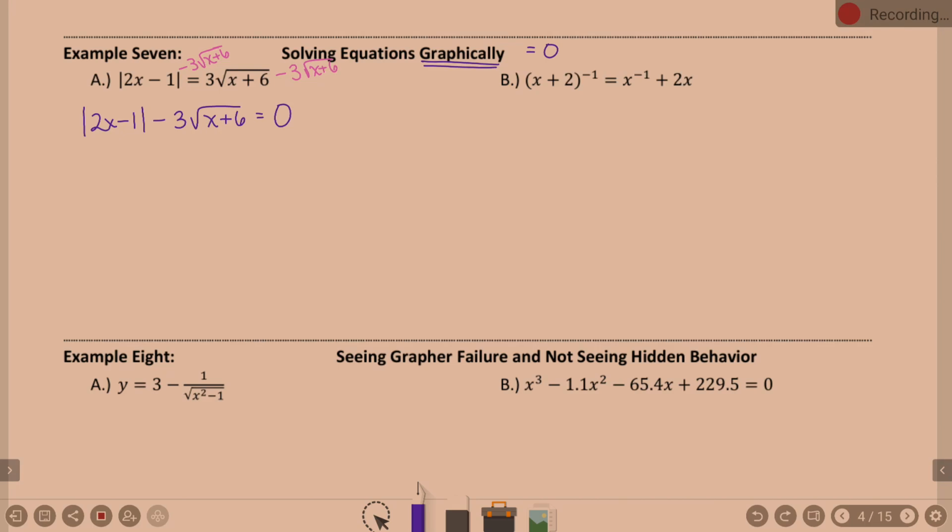So you're going to graph the equation y equals absolute value of 2x minus 1 minus 3 times the square root of x plus 6. Do not try and do anything with that absolute value. Keep it as is. It doesn't become 2x plus 1. Nothing changes with that absolute value. Keep it as one quantity there.